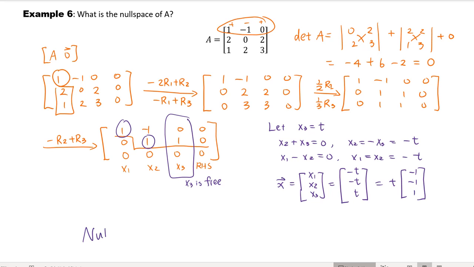So what is the null space? The null space is a space. You want to put it as a set containing all the vectors of this form such that t is any real number. This is how we express it in terms of a set. So it is the set generated by the vector -1, -1, 1. So this is the null space.